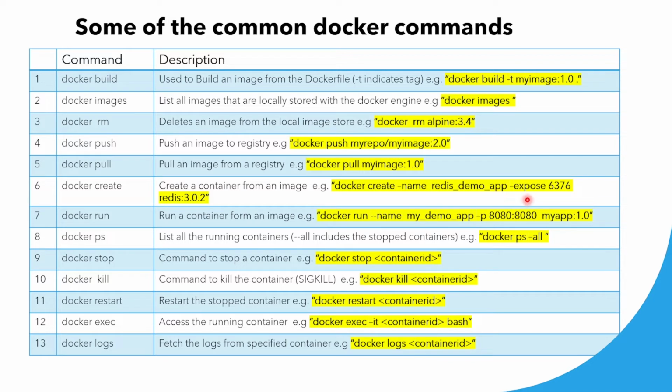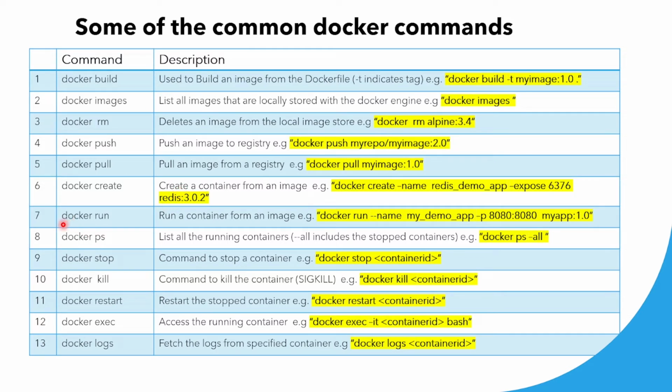And it exposes port number 6376 from, this is the image it is created from. So when I say create, it creates a container and prepares to run. It will not run, it will prepare for a run.